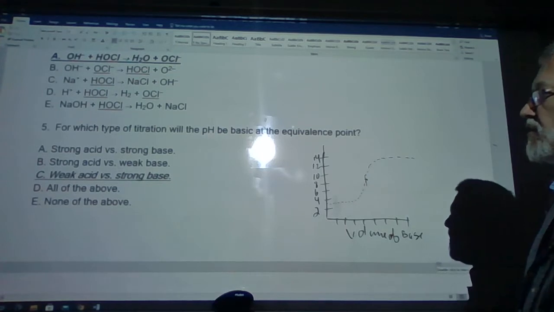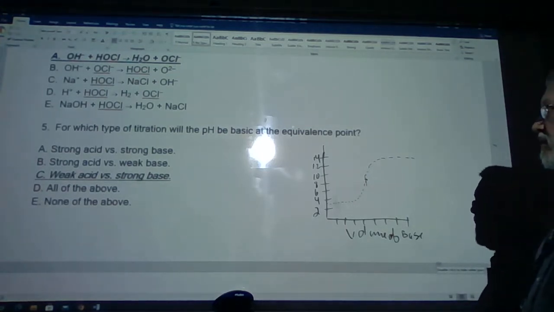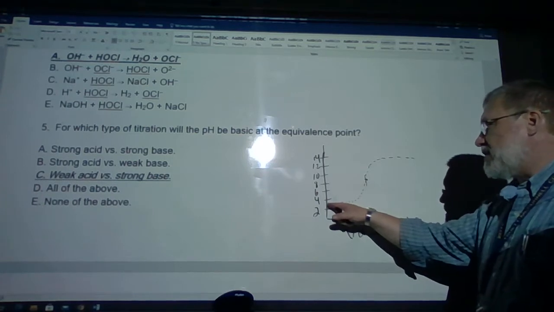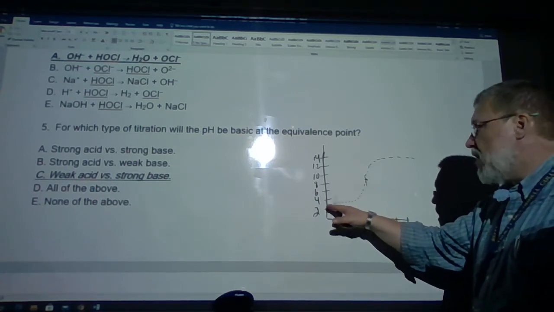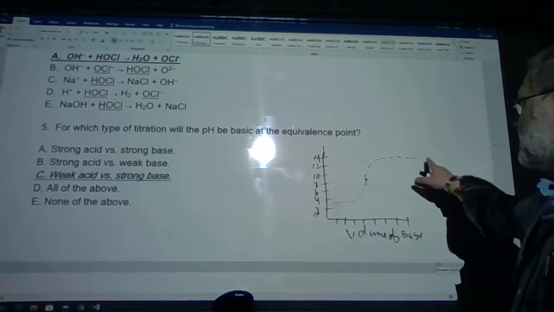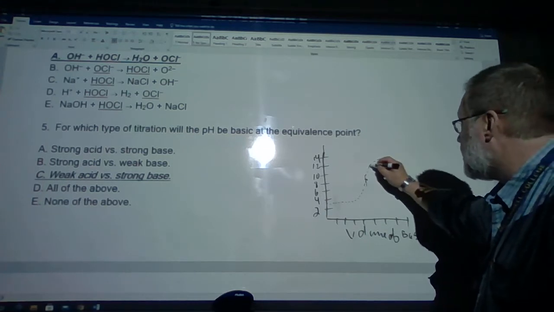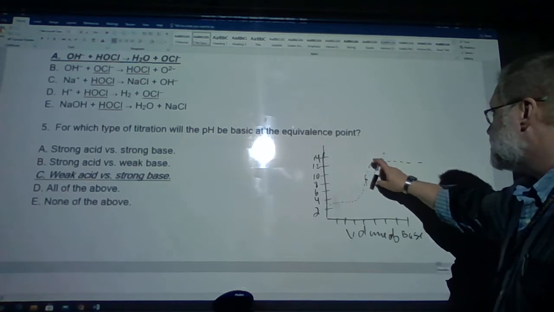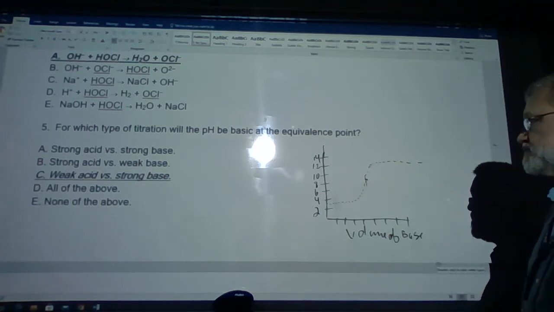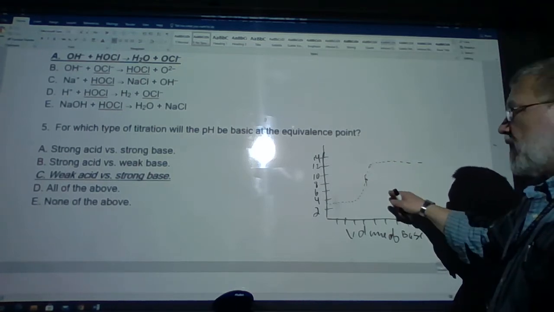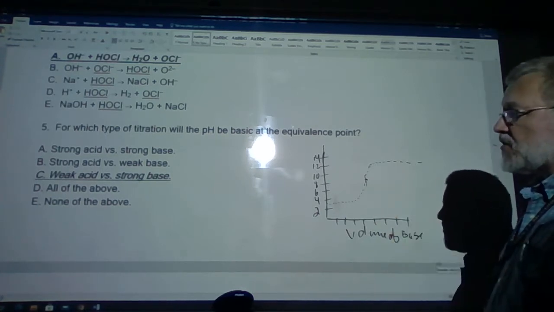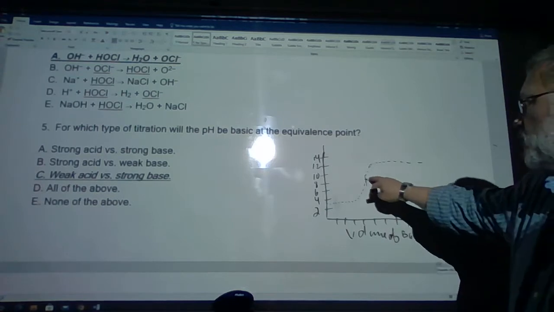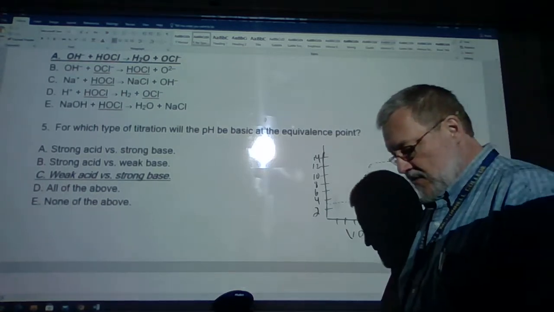So where will you have an equivalence point that is basic? You have it with the weak acid. Again, with a weak acid, the pH of your starting solution starts about 3. It doesn't necessarily go all the way up to 12. It goes a little bit below 12. So the point at which you get the equivalence point for a weak acid strong base titration is where your pH is above 8.